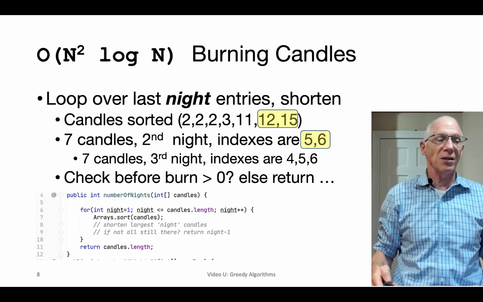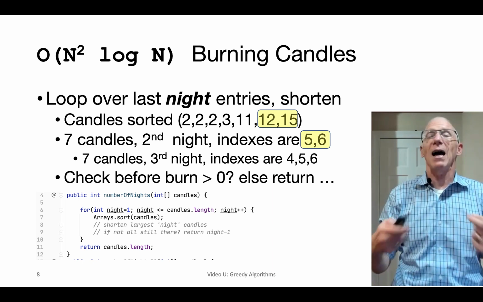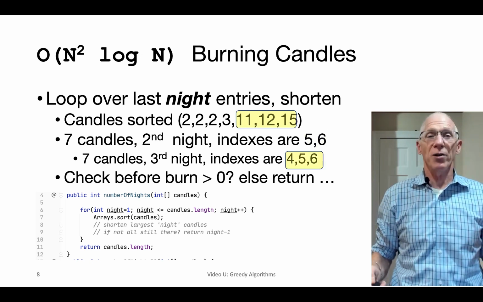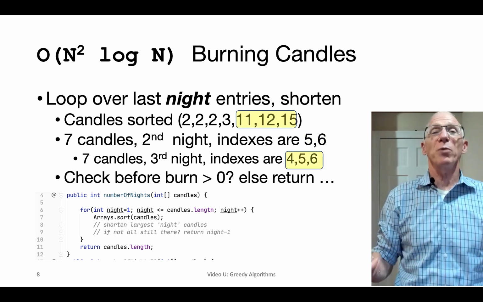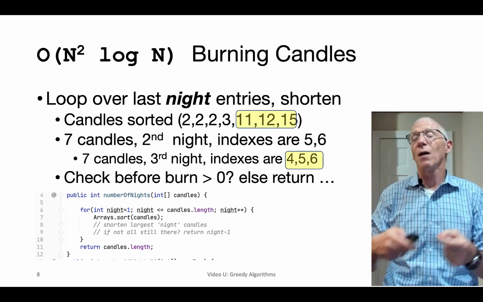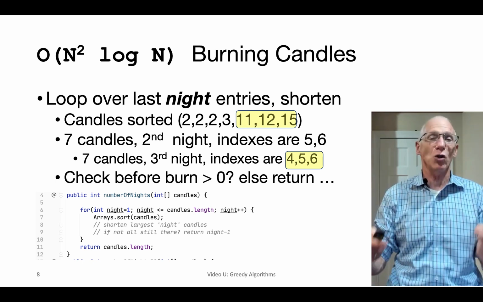So for example, on the second night, the indexes are index 5 and 6 after we sort them, because we have 7 candles. On the third night, we choose the largest 3 candles. That's indices 4, 5, and 6.